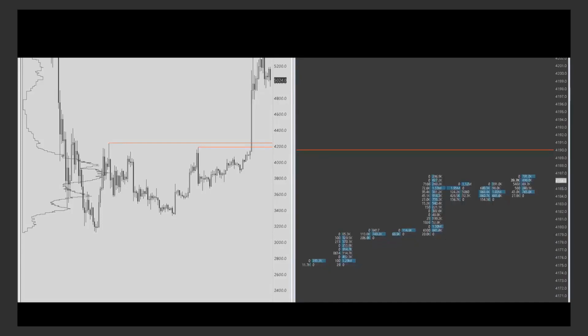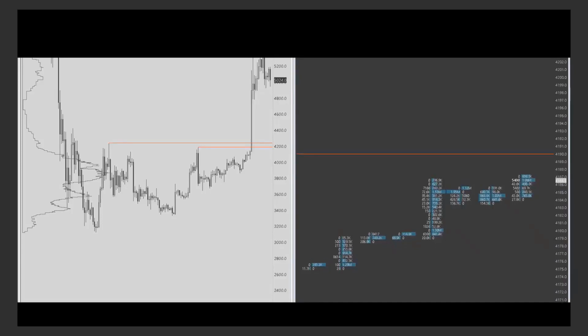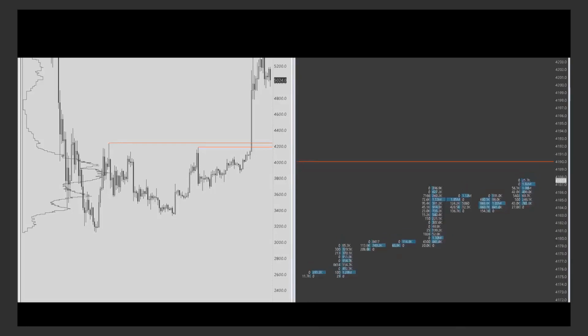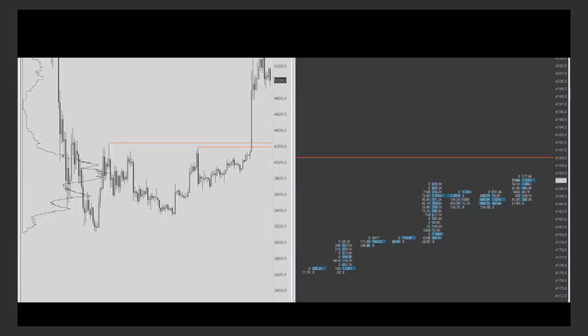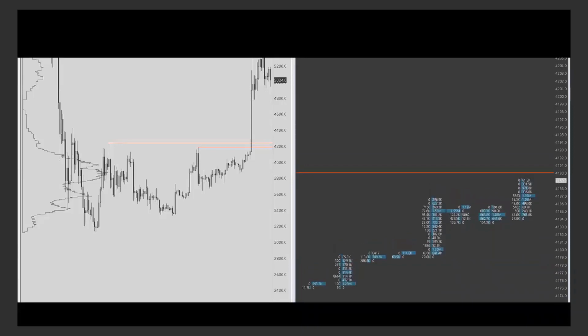And then as it breaks these highs, what you'll see is a flurry of market buying, most of which will be the result of shorts stopping out. And that will be reflected in a string of zeros on the bid.